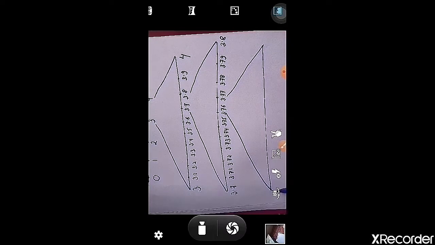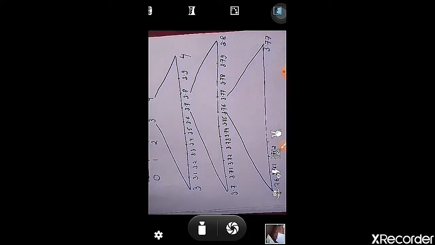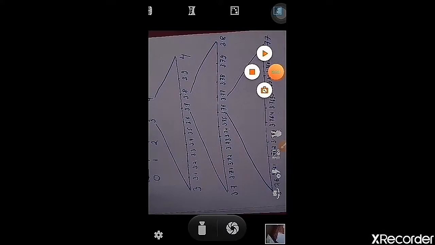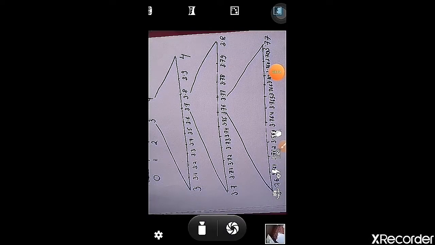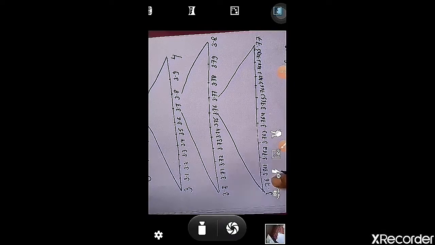It is 3.76 and it is 3.77, and again we will divide this whole line into 10 equal parts, like 3.761, 3.762 and like that. As I have divided, you can see 10 equal parts from 3.76 to 3.77.